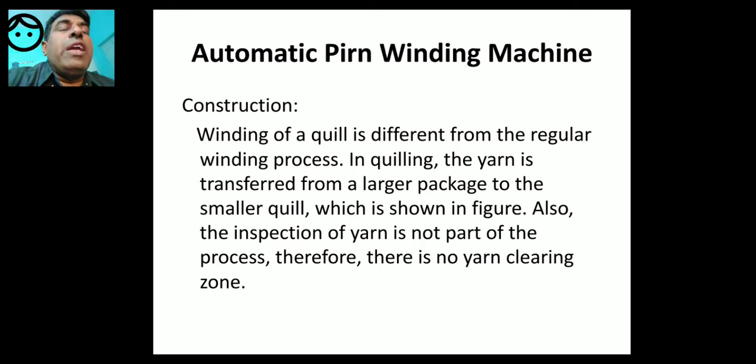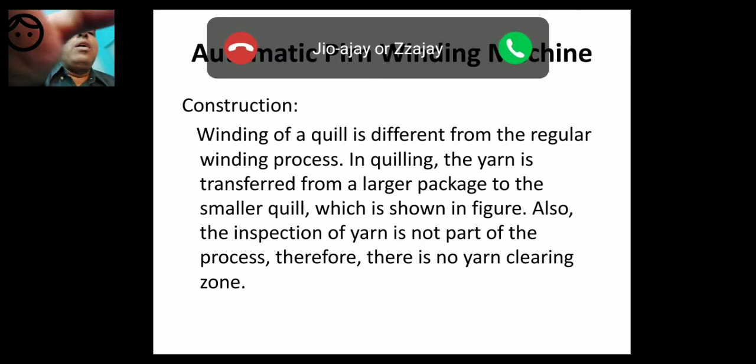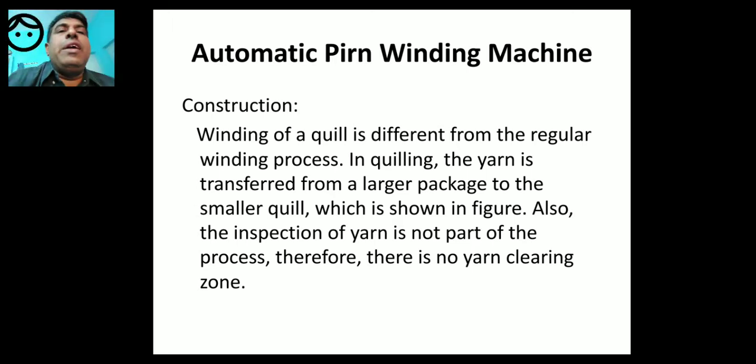So in the regular warp winding process, in the machine autoconer or link coner, the ring bobbins are converted into a big package. There the small package is converted into a big package.